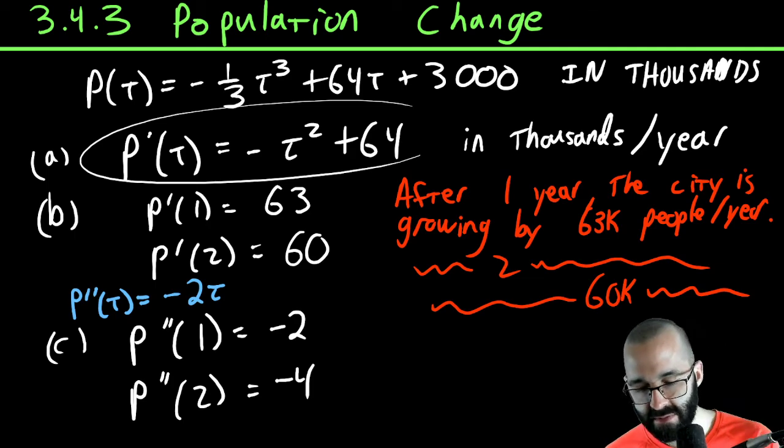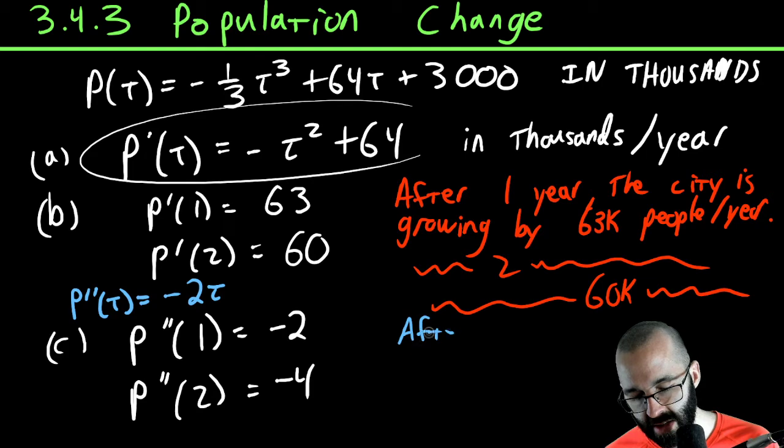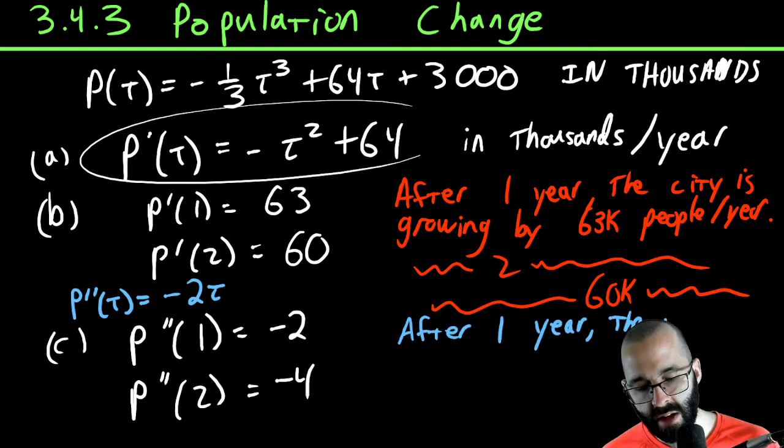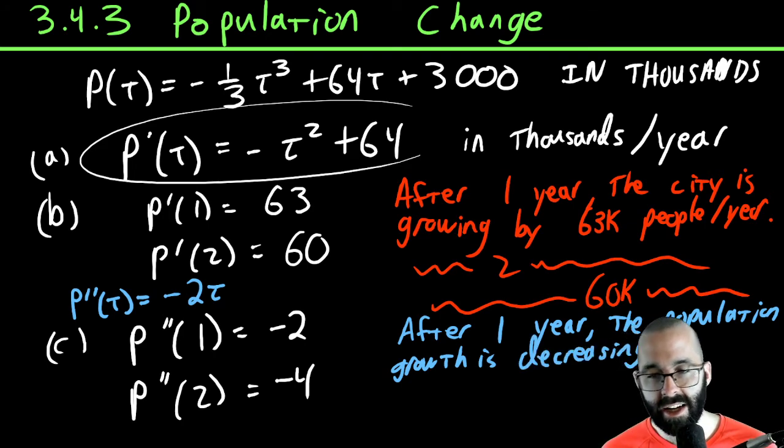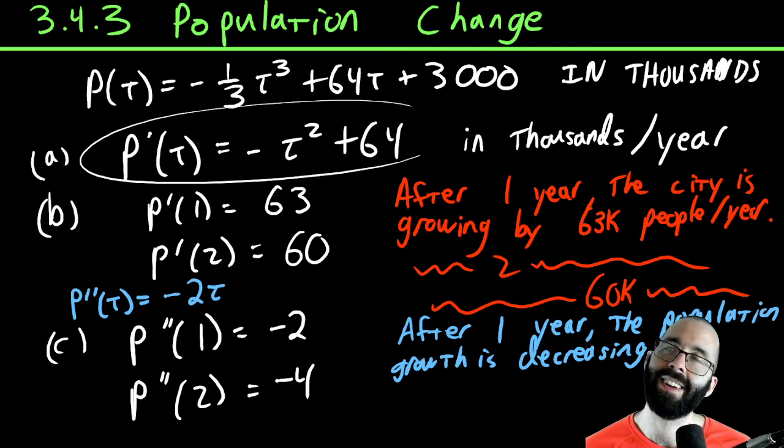Okay? This means after 1 year, the population growth is decreasing. Second derivative is the slope of the slope. Well, that's maybe not a great way to describe it.